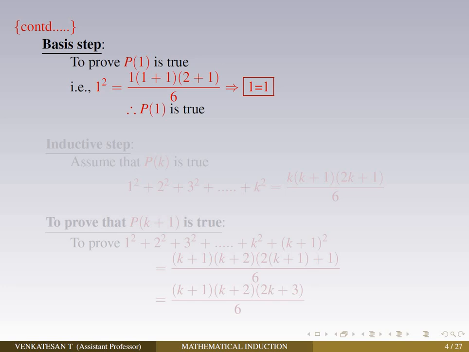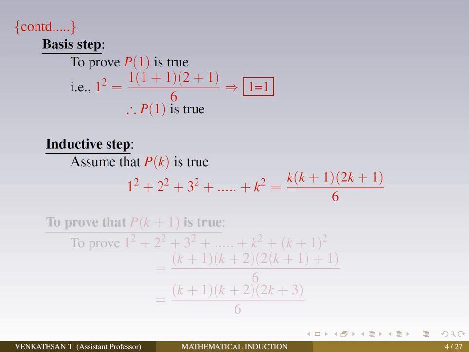Next step. In the inductive step, as I said earlier, we are going to assume P(k) is true. That is the inductive hypothesis. P(k) is true means that replacing all n values with k, my left hand side becomes 1 square plus 2 square plus 3 square plus etc. up to k square is equal to k into (k plus 1) into (2k plus 1) divided by 6.